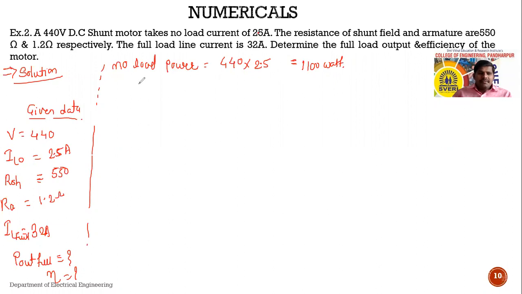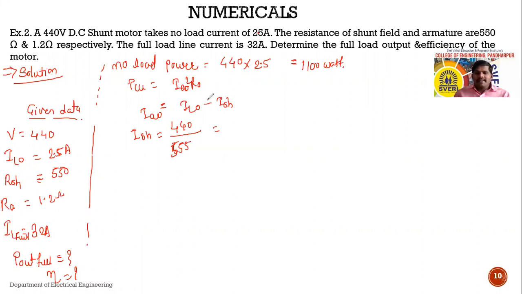Now we are calculating the copper loss at no load condition. So the copper loss PCU is equal to IA square RA, that is IA0 square RA. I do not have the value of IA0, so IA is equal to IL0 minus ISH. I also do not have the value of ISH. ISH is equal to supply voltage V divided by resistance 550.